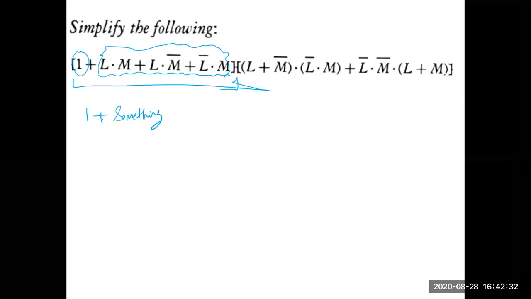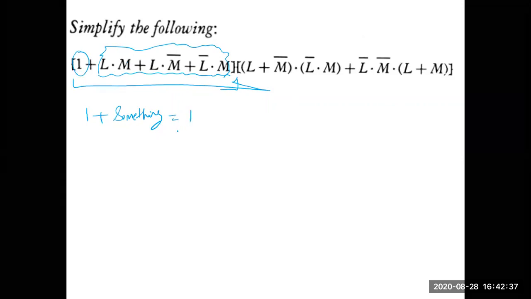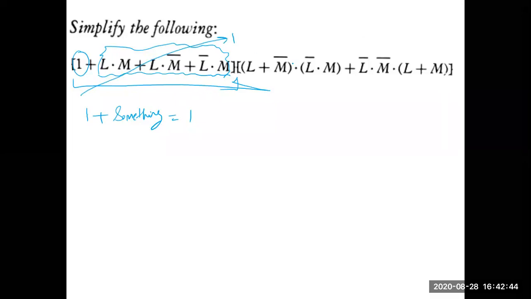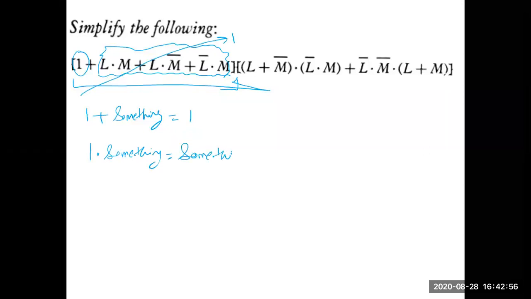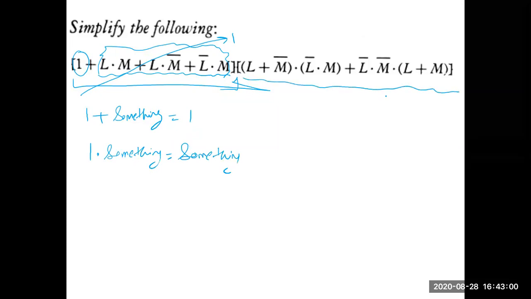Whenever you are doing 1 plus something, logically it is 1. So this part is 1 basically, and now you are multiplying 1 with something, or doing dot of 1 with something, you are getting something. And in this case, your something is basically this. So basically what you need to do is simplify this expression.